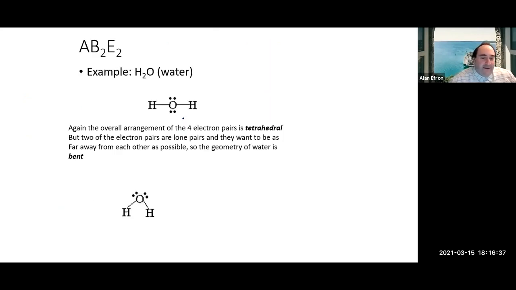The last geometry that we deal with in this class, and there's obviously a lot more that we don't deal with, but the last one here is something like water. And again, if we look at the electron pair geometry and the molecular geometry here, central atom, again, has 1 electron pair, 2 electron pairs, 3 electron pairs, and 4 electron pairs. It has, in terms of bonds, 1 bond and 2 bonds.